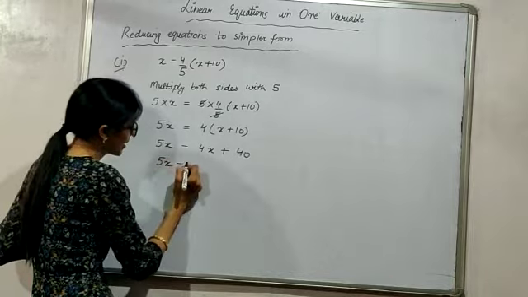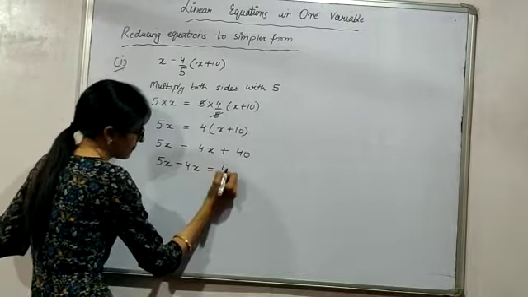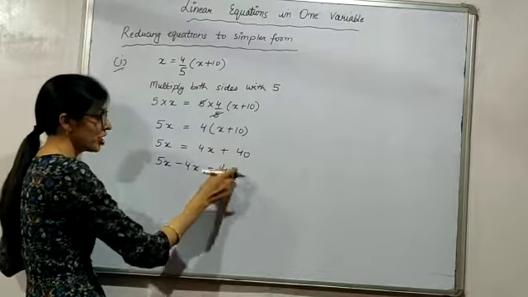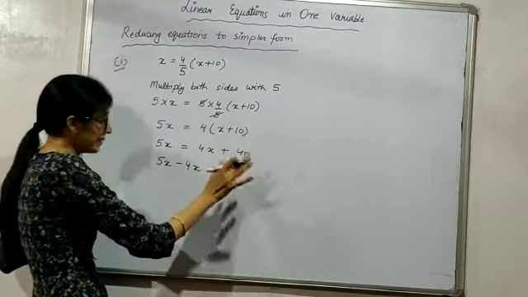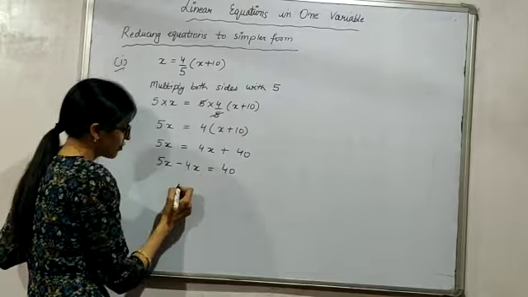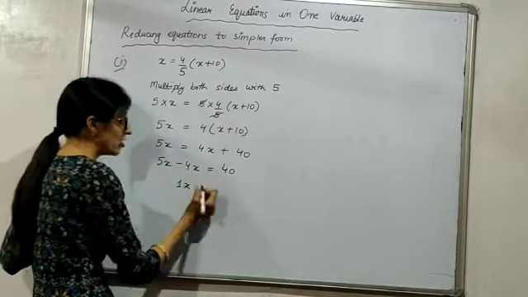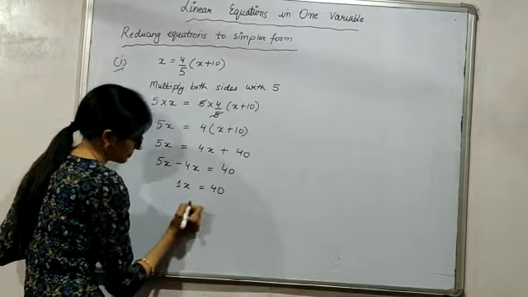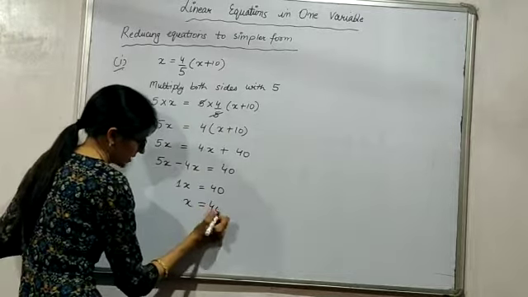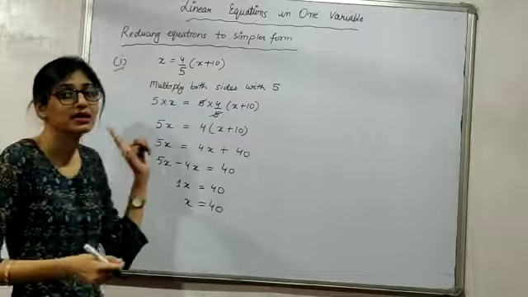So 5x minus 4x, and 40 stays plus 40 because it is on its side only. So 5x minus 4x is 1x. You can write 1x or you can simply write x also. This is the answer to this problem.